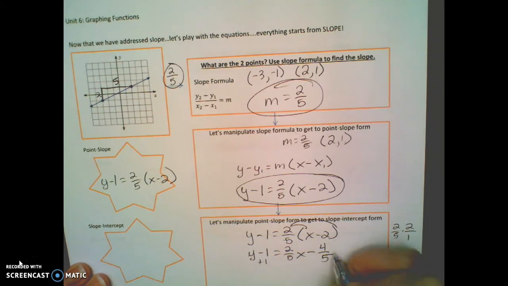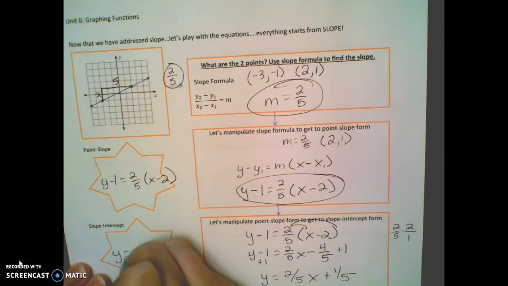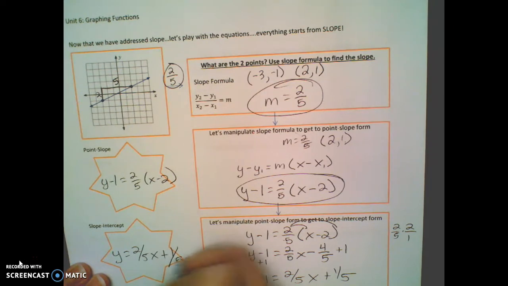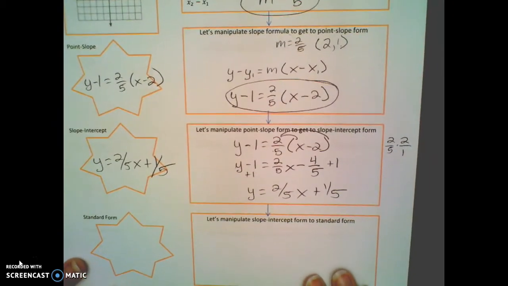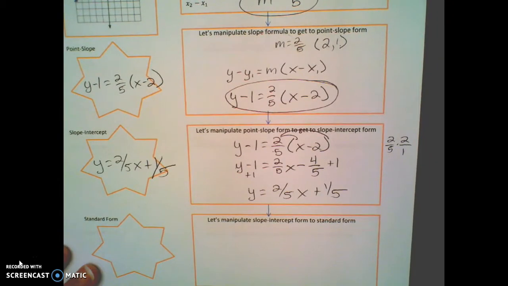Then I'm going to add 1 to both sides. So y equals 2/5 x, and then -4/5 plus 1 is positive 1/5. So my answer is y equals 2/5 x plus 1/5.